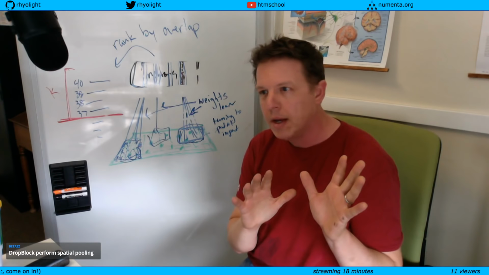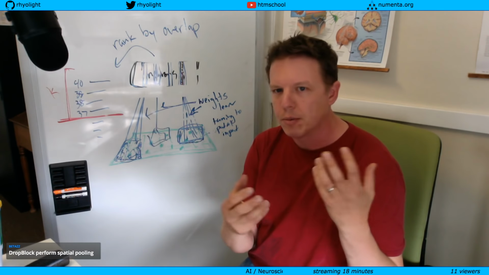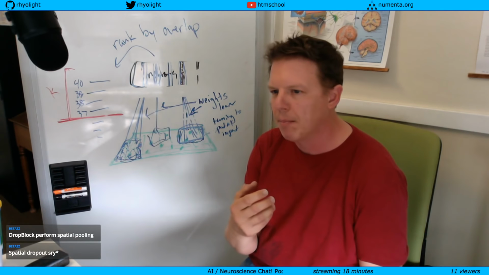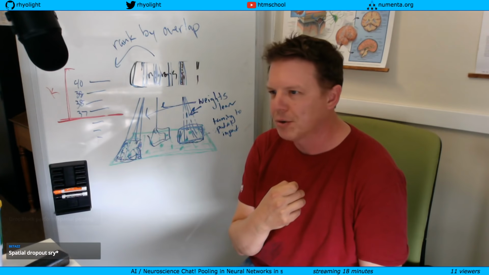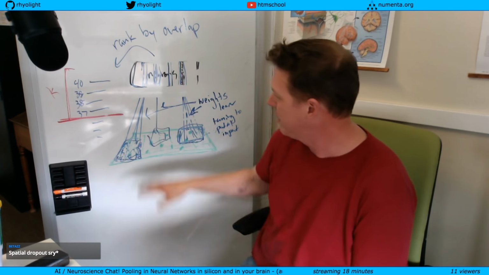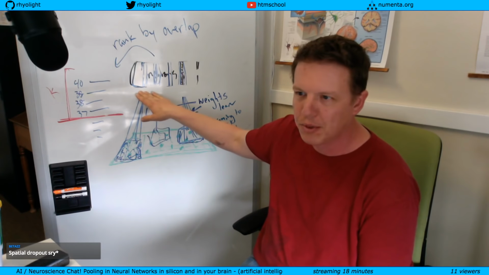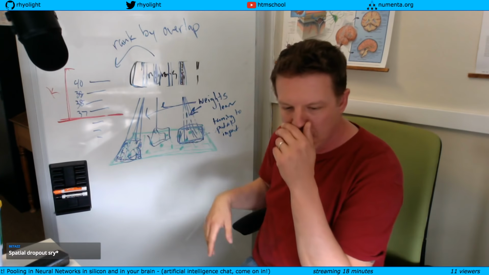And by the way, spatial pooling may be a bit of an overloaded term. These are both general terms, spatial and pooling. So drop block might be spatial dropout. I don't know what spatial dropout is either. As far as I know, this concept of spatial pooling is a unique discovery that's a part of the HTM canon.